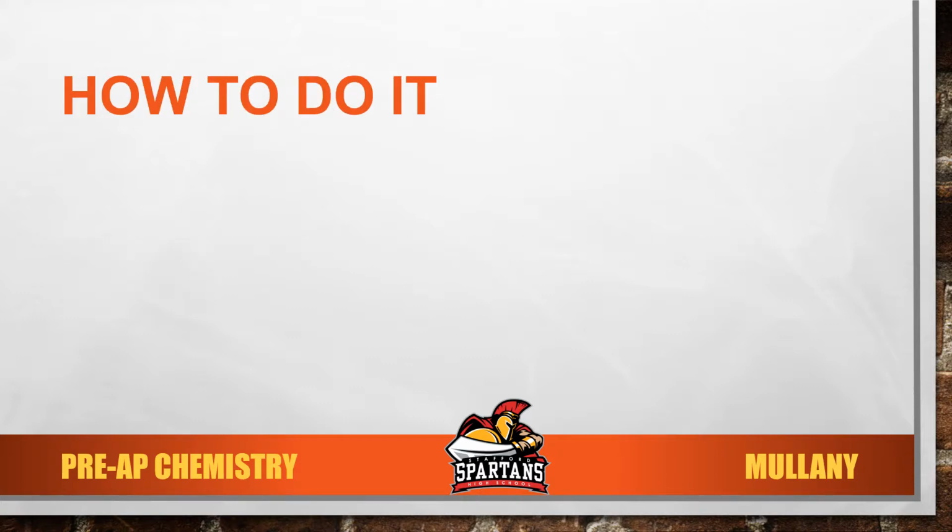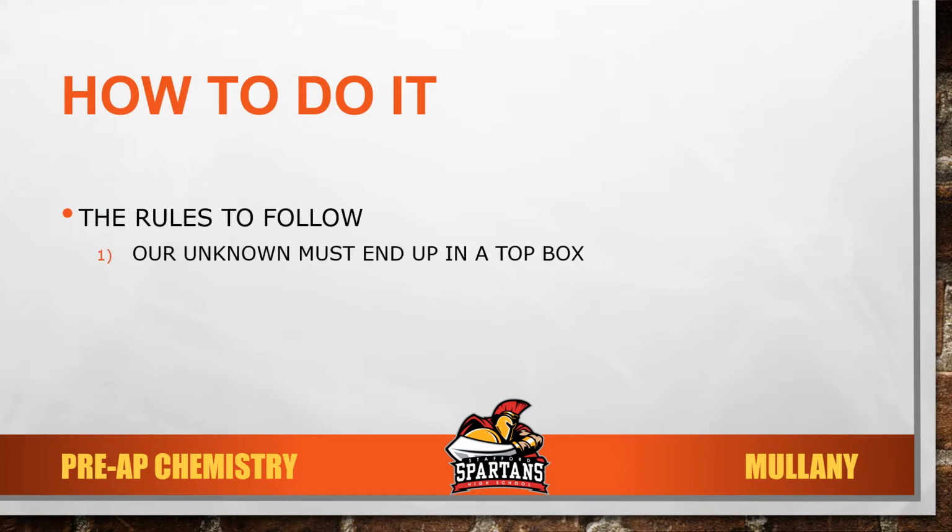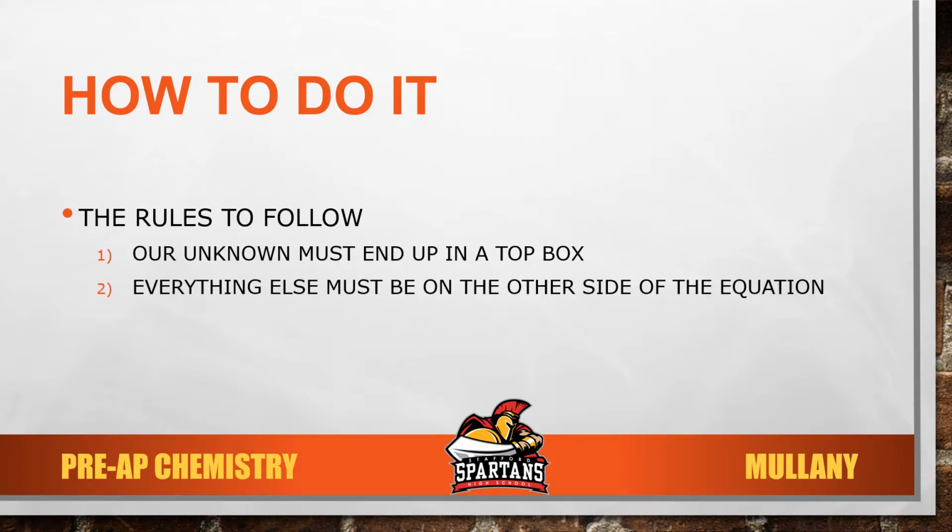How do you do it? There are 3 rules to follow. 1, our unknown has to end up in a top box. 2, everything other than our unknown has to be on the opposite side of the equation from the unknown. So this gets to our goal.